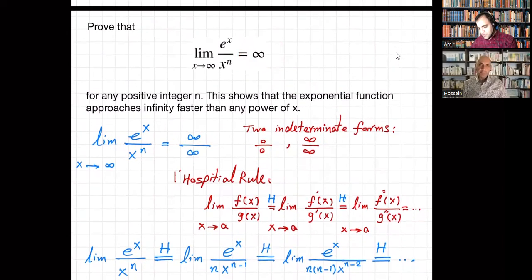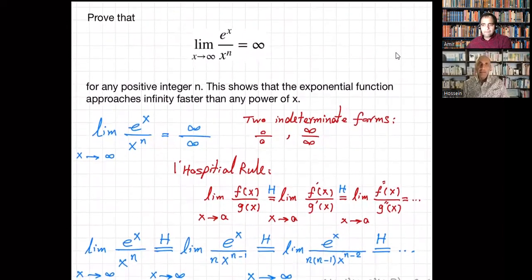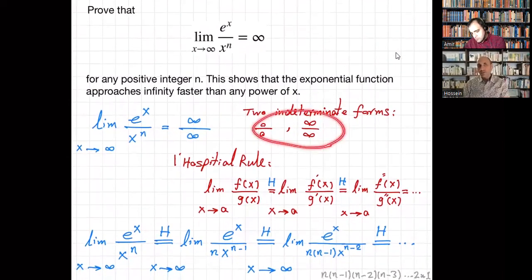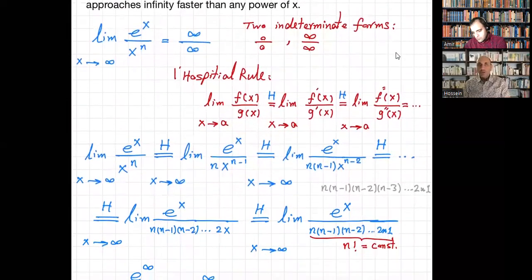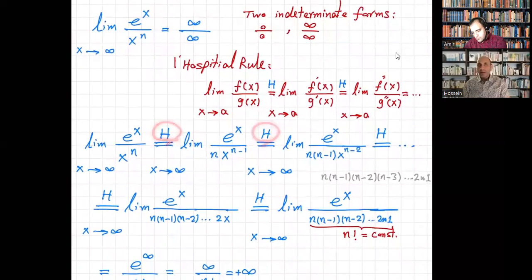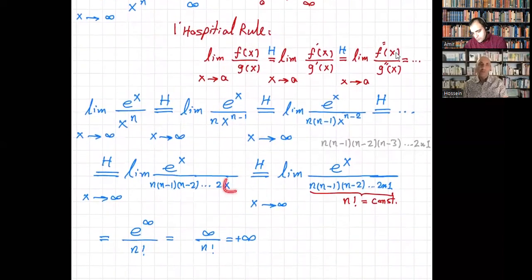Thanks, Amir. So to summarize, to find the limit of this function, you first plug in the x and found out this is an indeterminate form. Because of that, you can use L'Hopital's rule. Your goal was to get rid of the x because you saw that the power of x is reducing each time. So you used it as many times as needed to get rid of the x in the denominator, and finally got a constant.